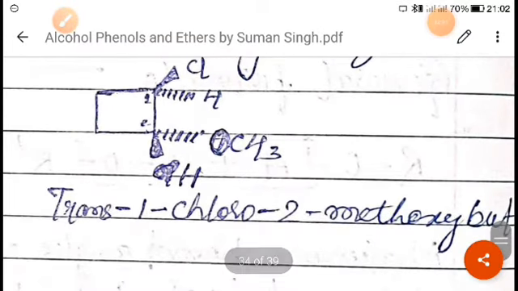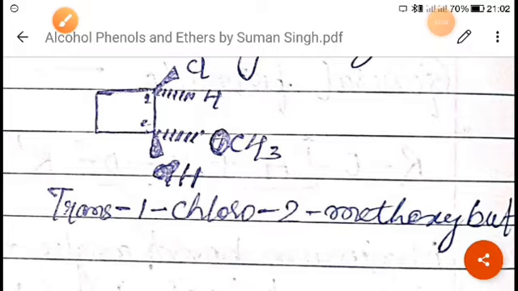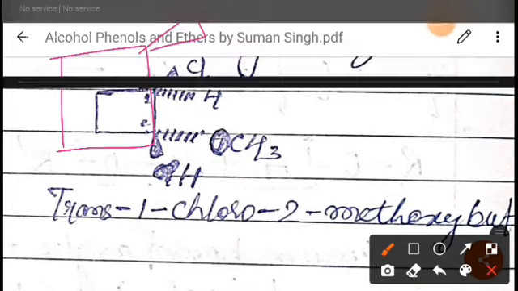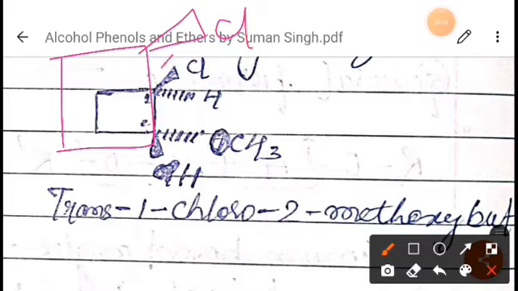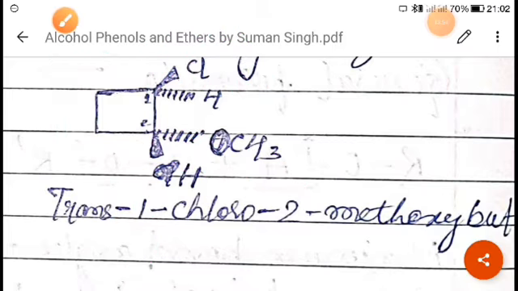When we see the hydrogen, one is below the plane and this hydrogen is above the plane, right? Let me write it like this. Cl is above the plane and hydrogen is below the plane. In this case, CH3 is below the plane and its H is above the plane, like this, right?